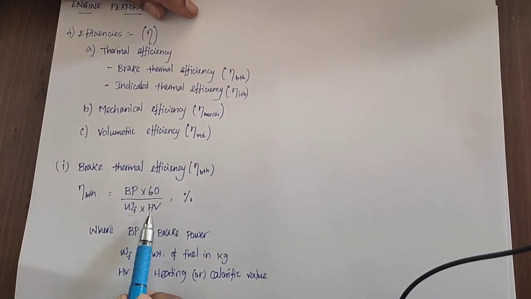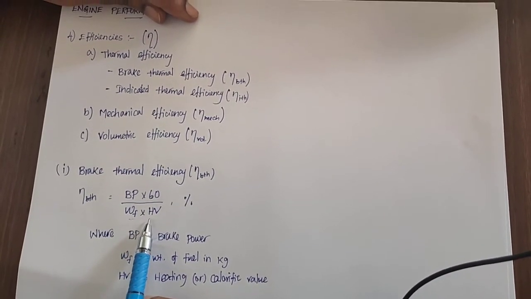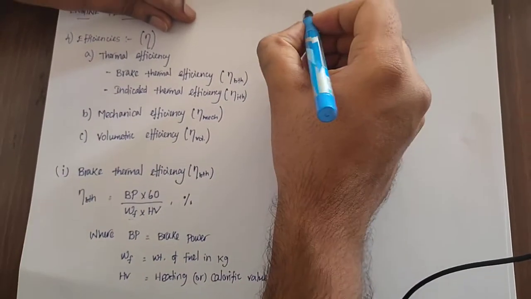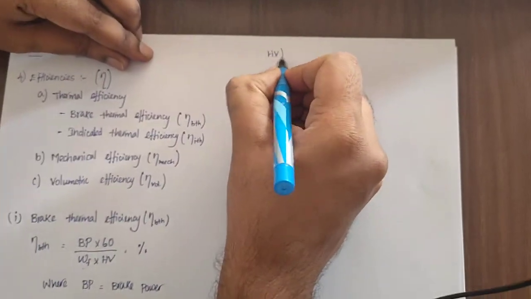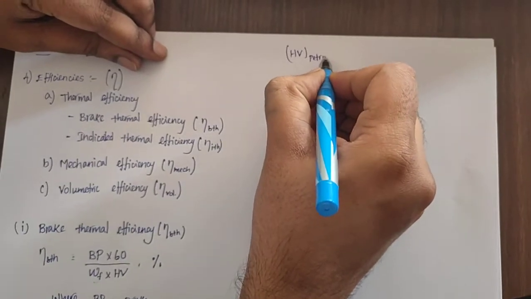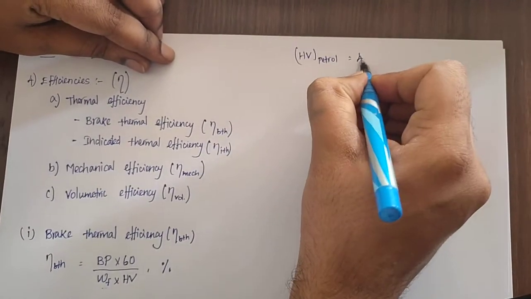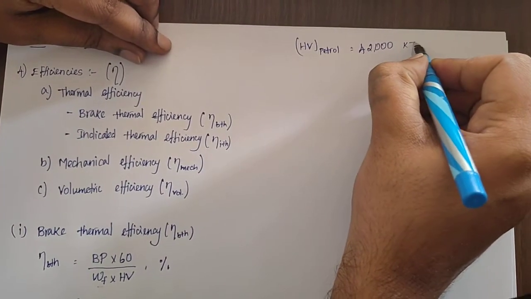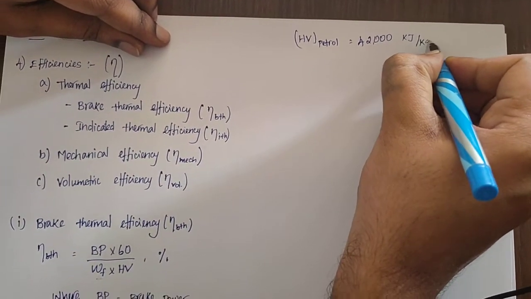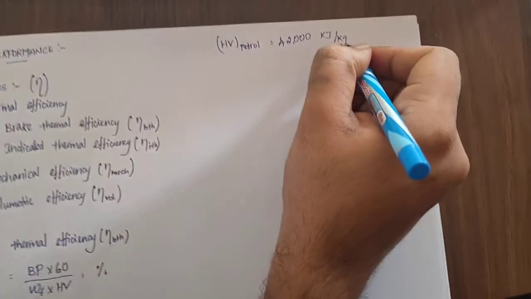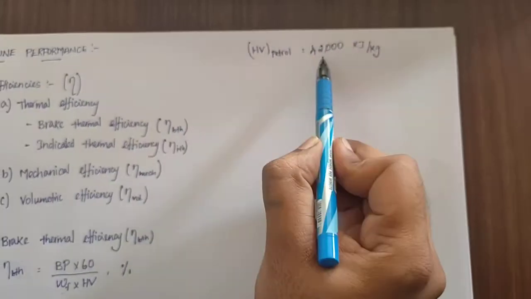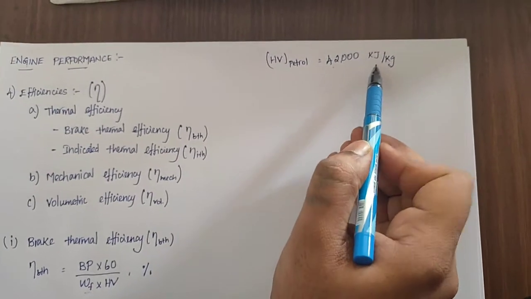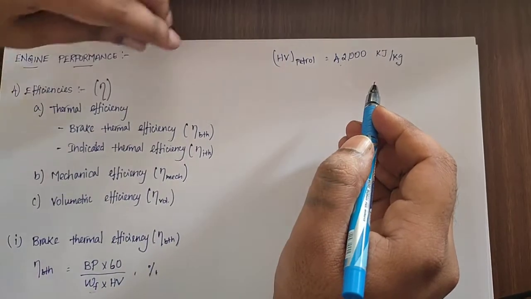For example, for a petrol engine, the heating value of petrol will be approximately 42,000 kilojoule per kg. Which means 1 kg of petrol contains 42,000 kilojoules of energy.